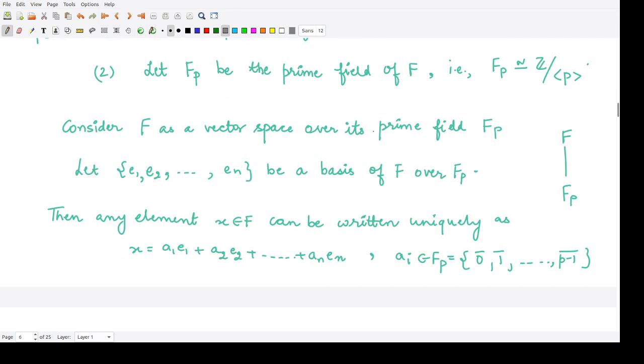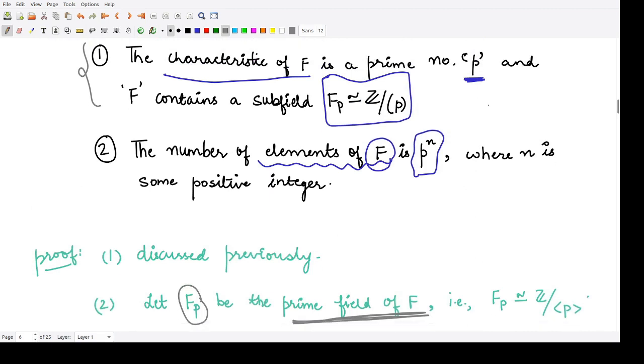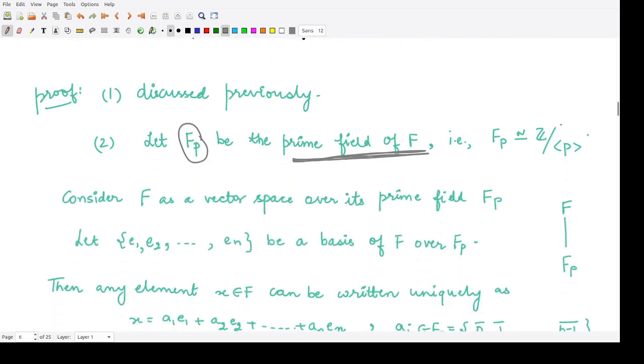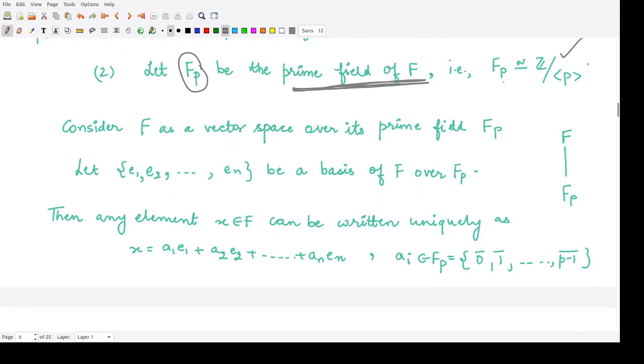We assume Fp to be the prime field of F, and we want to show F has p to the power n elements. Because this is a prime field of F, using the first part, this would be isomorphic to integers mod p.